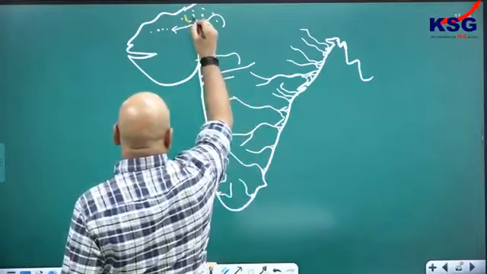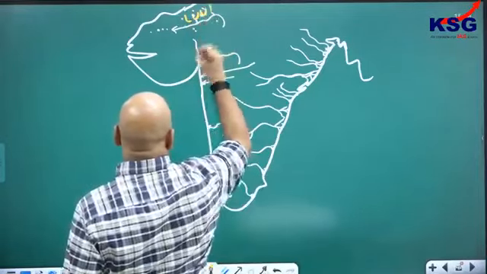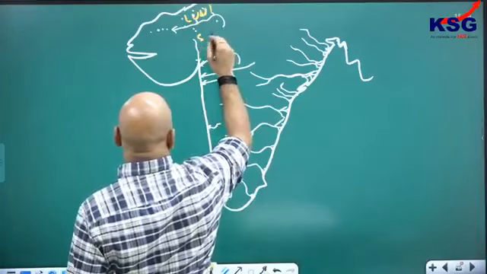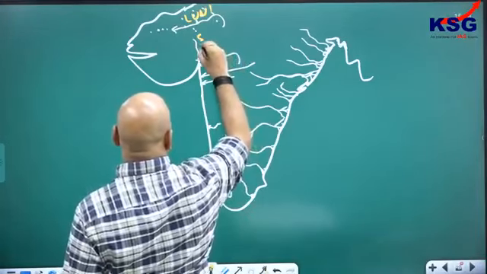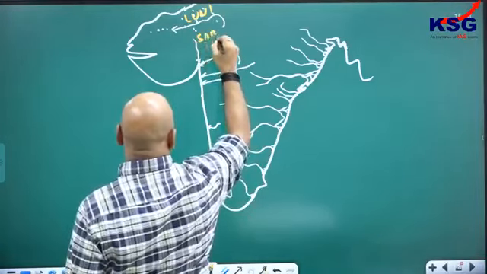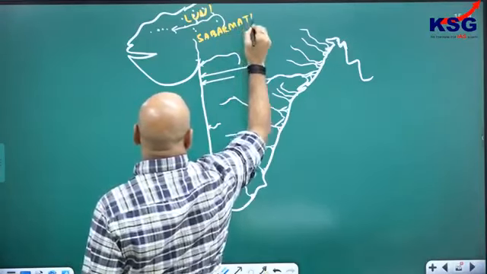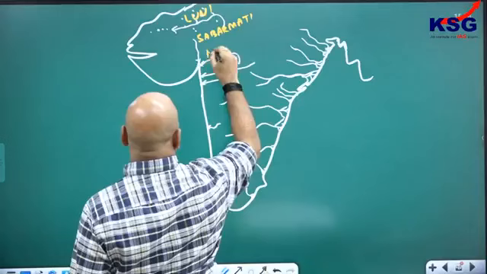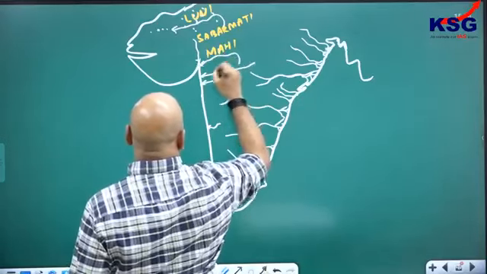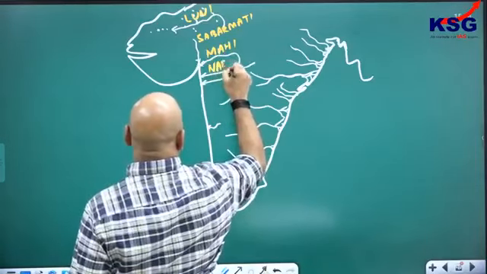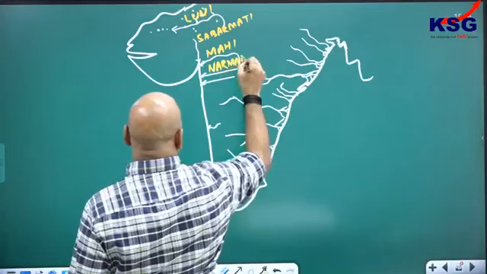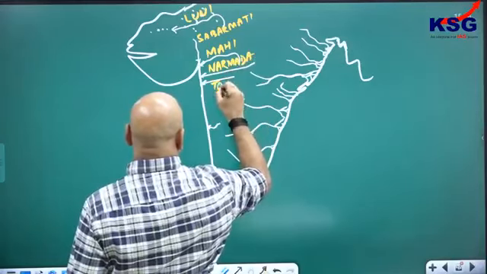This is river Luni. This is river Sabarmati. This is river Mahi. Here river Narmada. This is river Tapi.